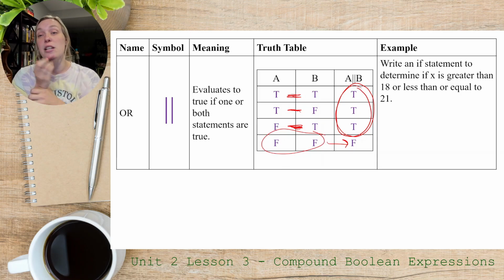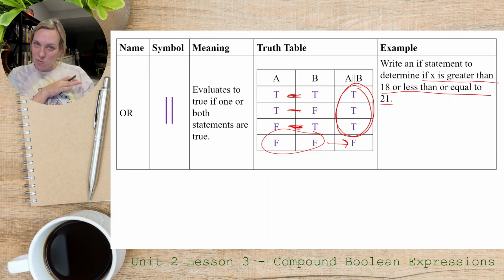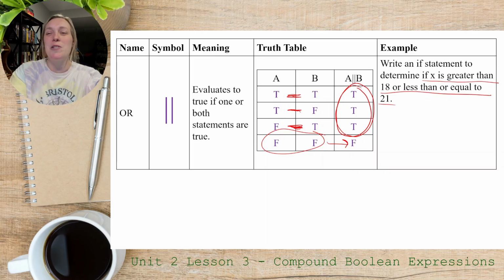So an example of this: write an if statement to determine if X is greater than 18 or less than or equal to 21. I'm going to take this and turn it into Java code. You remember in math, when you're first learning about problem solving, it would tell you to take the words and change them into math symbols? That's almost what we're doing.